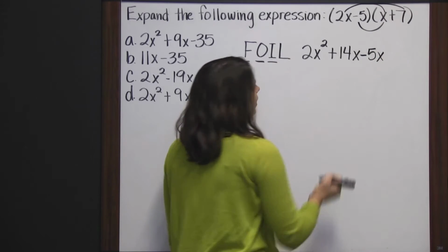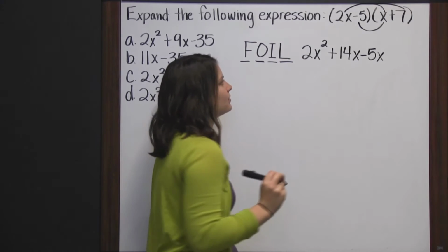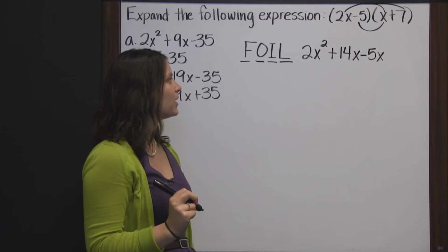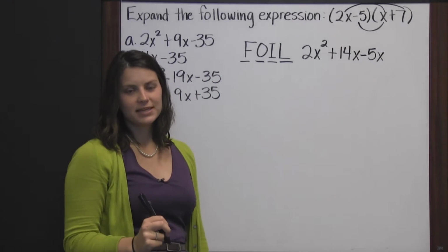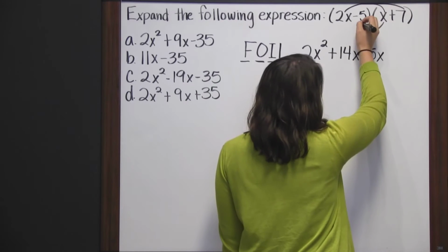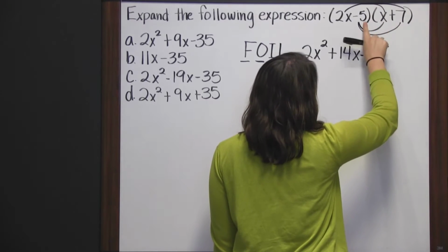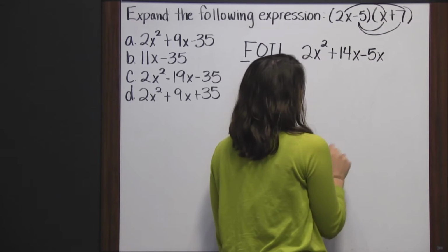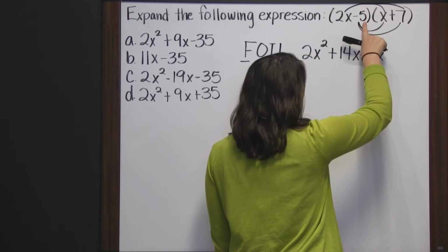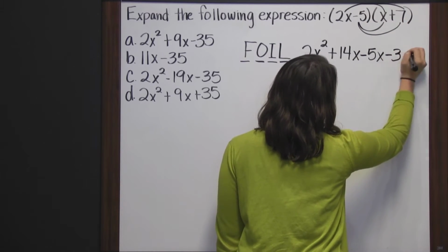Finally, L, last. We now multiply the last terms in each set of parentheses together. Negative 5 and 7 are the last terms. A negative 5 times a positive 7 is a negative 35.